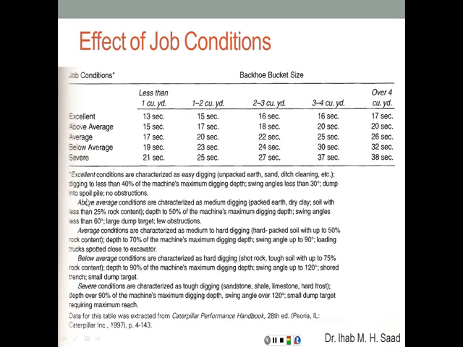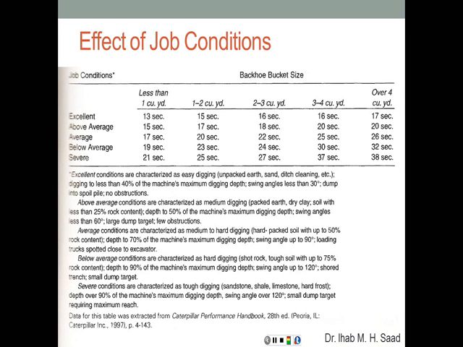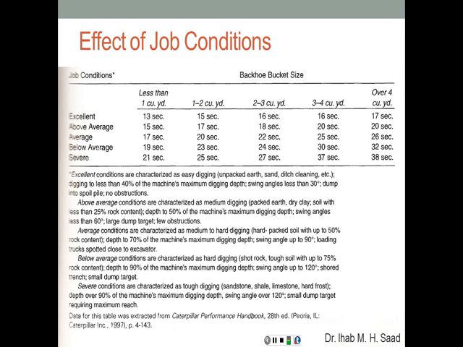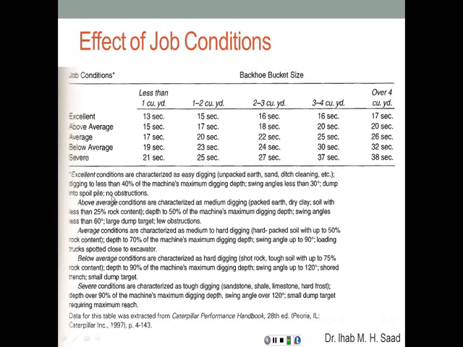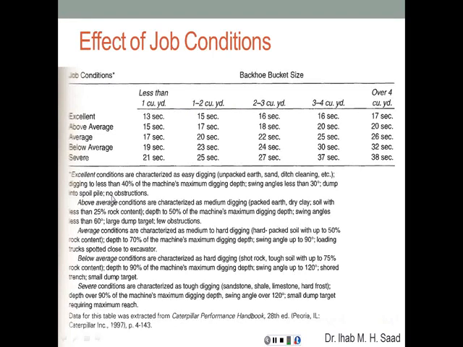Dump into a spoil pile, so not into a truck, for example, because if you're dumping into a truck, you have to adjust to make sure that you're dumping exactly in a proper location. But if you're dumping into a spoil pile, you have more latitude. No obstructions, so there's no fence, and you can see clearly the area where you're going to be dumping the soil. That would be excellent conditions.